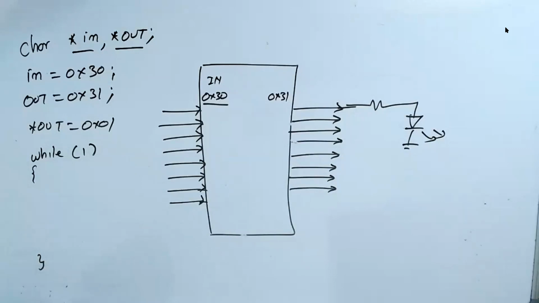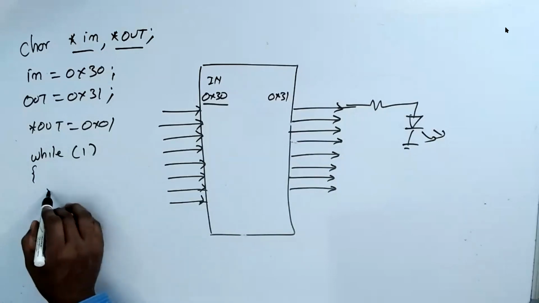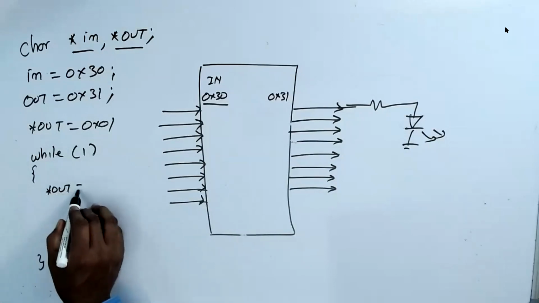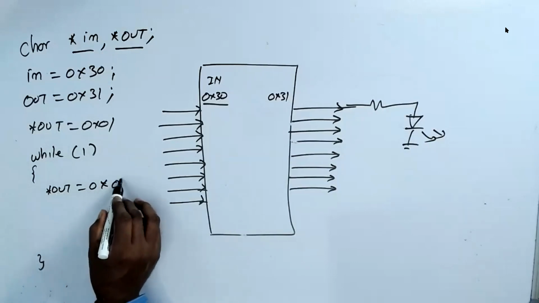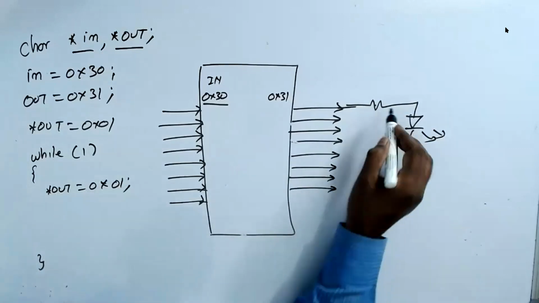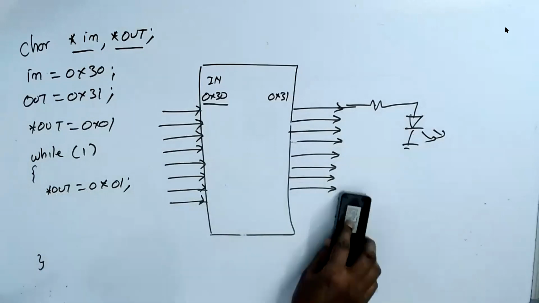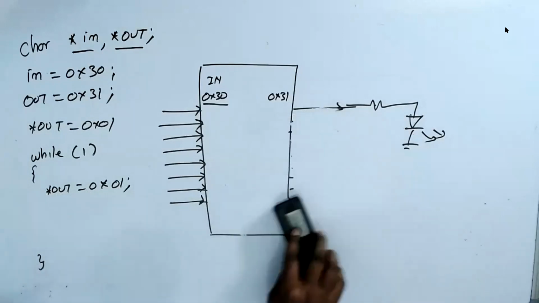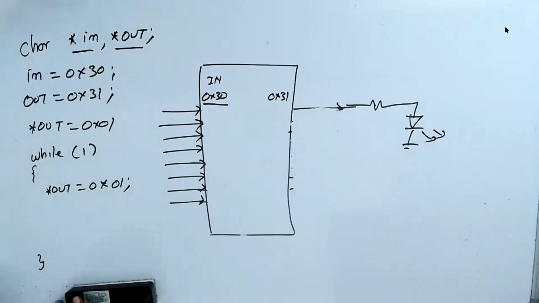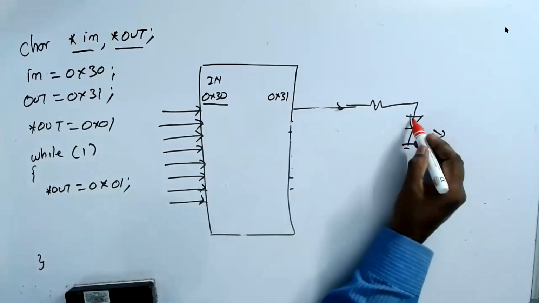Now I'll say star out equal to 0x01. I make this pin 1. Forget about the other pins, I'm not using them. I'm using only one LED. Let me make it a different color, let's say red.